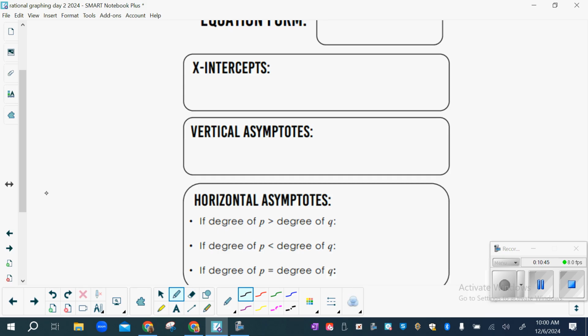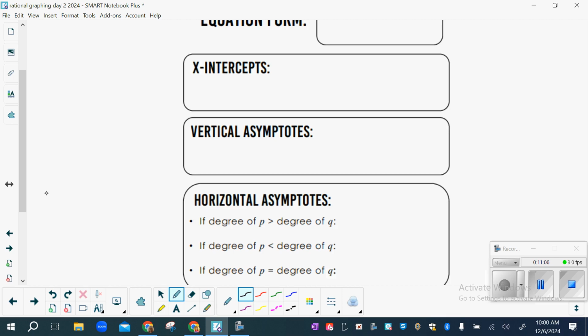So this back part is your steps to graphing a rational function. I'm going to have you follow along with me. I took this from somewhere else, but we don't do it in the order they present it. Everyone's got a highlighter on their desk.